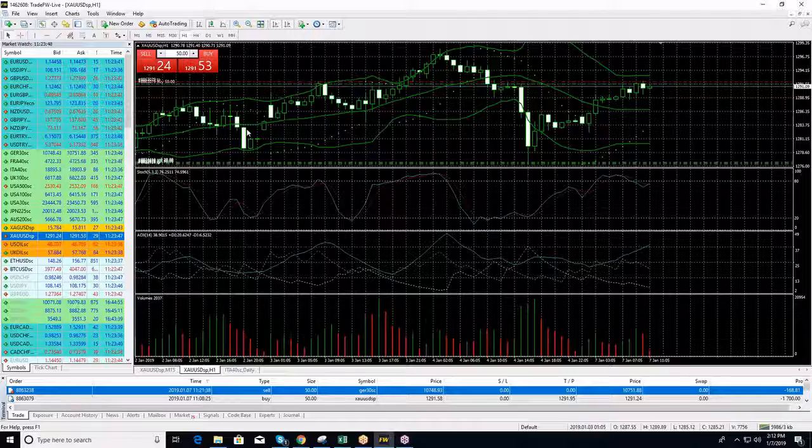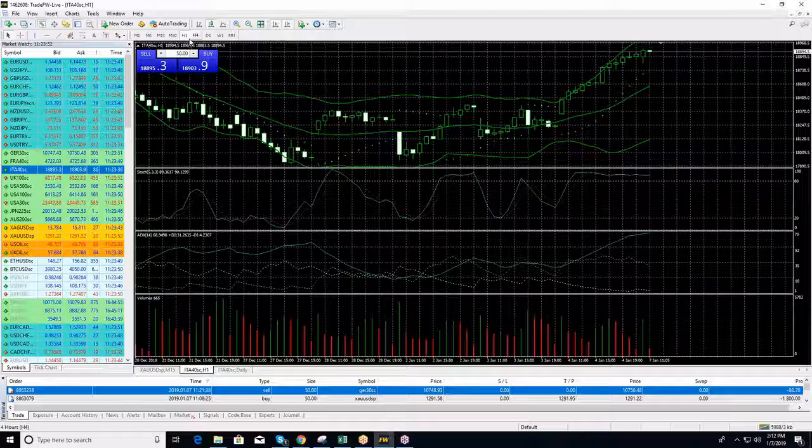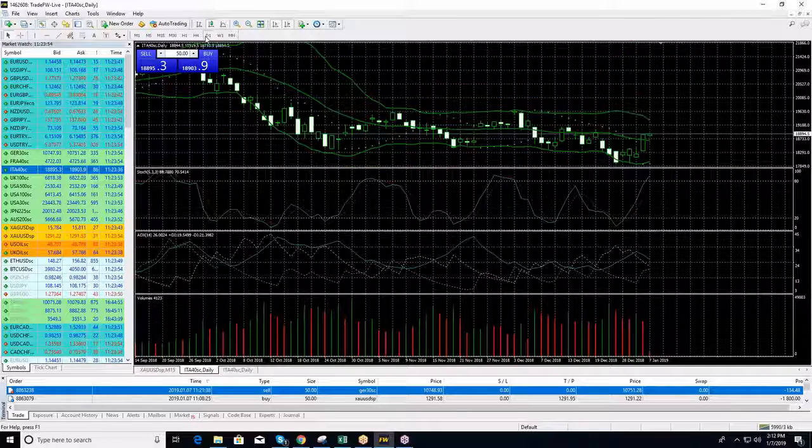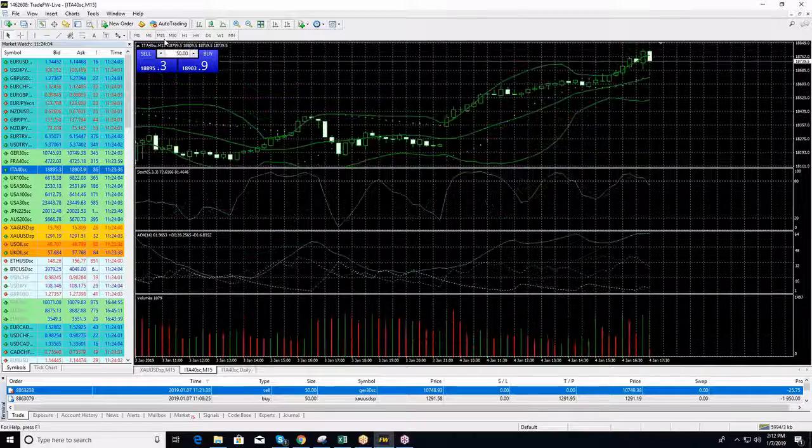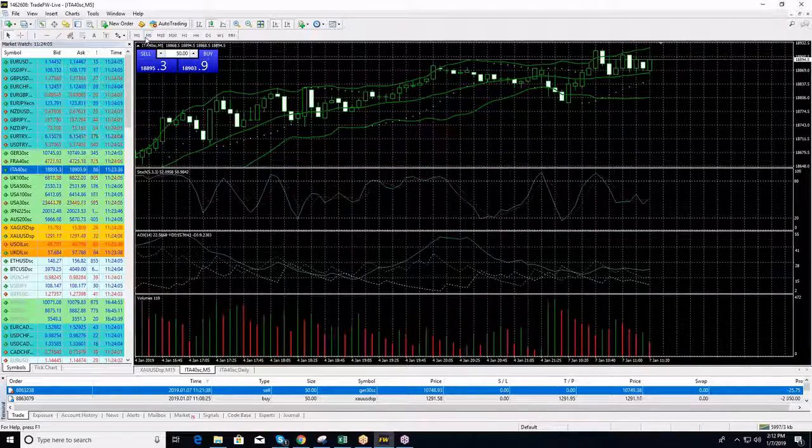And let's see also if we have a nice possibility on Italy 40. Here we see an uptrend. Nice one. In the 1 hour, we had a pullback. Let me see, guys. I might go long on DAX.